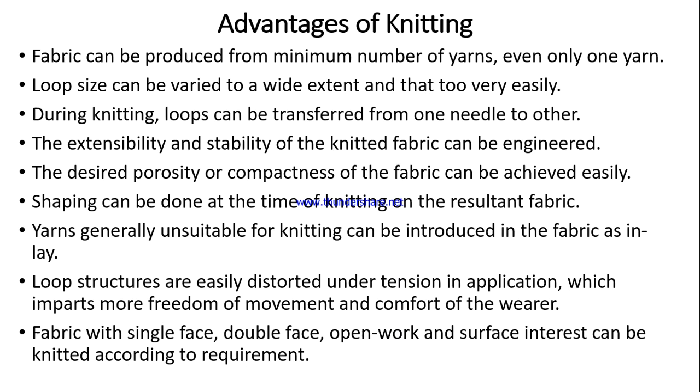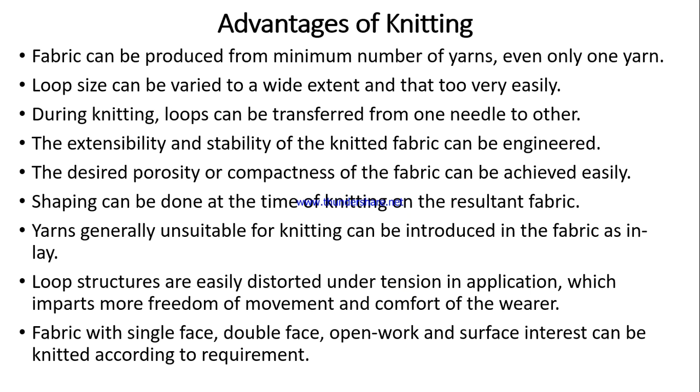Okay, the fabric will be porous enough. If the loop size is small, okay, then the pores will be small, the fabric will be compact, the porosity will be less. Okay, so the desired porosity and compactness you can achieve with the same set of yarn and same production parameter in the same machine.